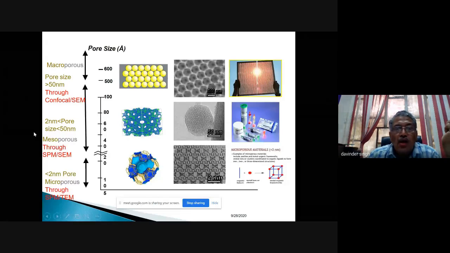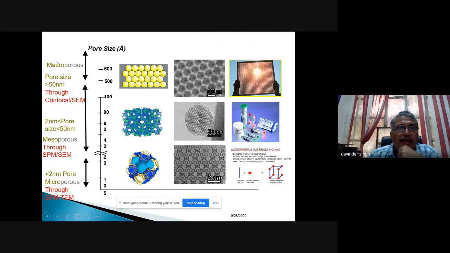Now, if you think about why we are interested: if we use optical microscopy, we can go down to about 1 micron or so, but below 1 micron it is not possible. For mesoporous materials, the pore size should be in the 2 nanometer to 50 nanometer range, so we cannot do any optical microscopy.